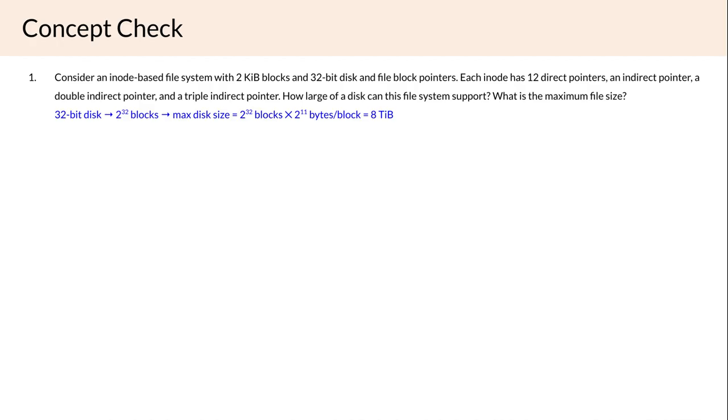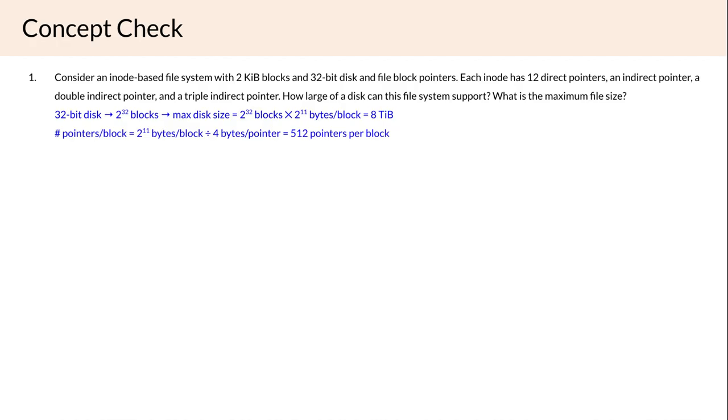And how many pointers can we actually store in one block? Well, we know that we have a 32-bit disk, which means we have 32-bit block pointers. And so each block pointer takes up 4 bytes. And we have 2 kilobyte blocks. So within 2 kilobytes, we can store 2 kilobytes divided by 4 bytes, which is going to be 2 to the 9 pointers, or 512 pointers per block.